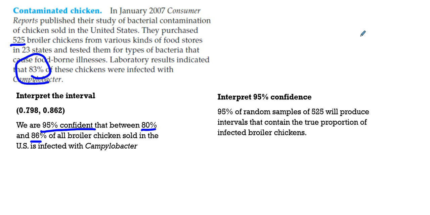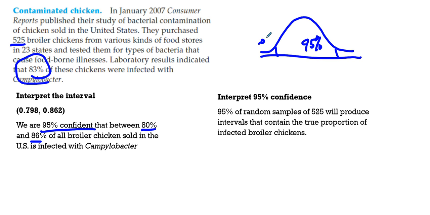Because we're only going out so far, right? This is our sampling distribution, and we've got all the different proportions of 525 that are contaminated, right? But it's only the central 95%, meaning there's still a total of 5% on either side altogether that might be outside of our confidence level.